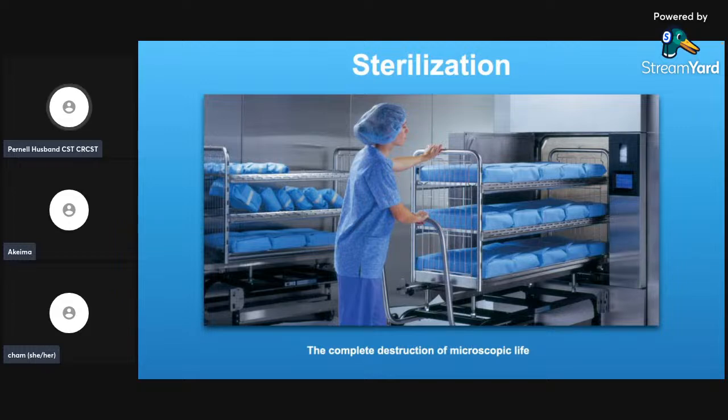So if there are any microorganisms present on these items after they have been decontaminated, the idea is that the sterilization process will in fact render these instruments free from anything that could cause an infection. And what causes infections, as you guys know, are pathogens, bad microorganisms, viruses, bacteria, fungus, so on and so forth.